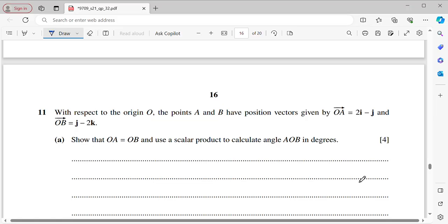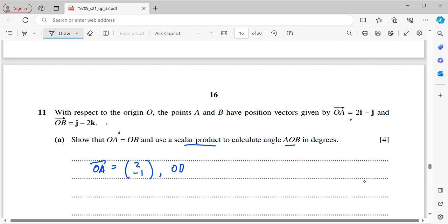Okay, now next question, 11. With respect to the origin O, the points A and B have position vectors OA and OB. Show that OA equals OB. That means this is the length. And use a scalar product to calculate the angle AOB in degrees. So now, OA is 2i minus j, so 2, minus 1.